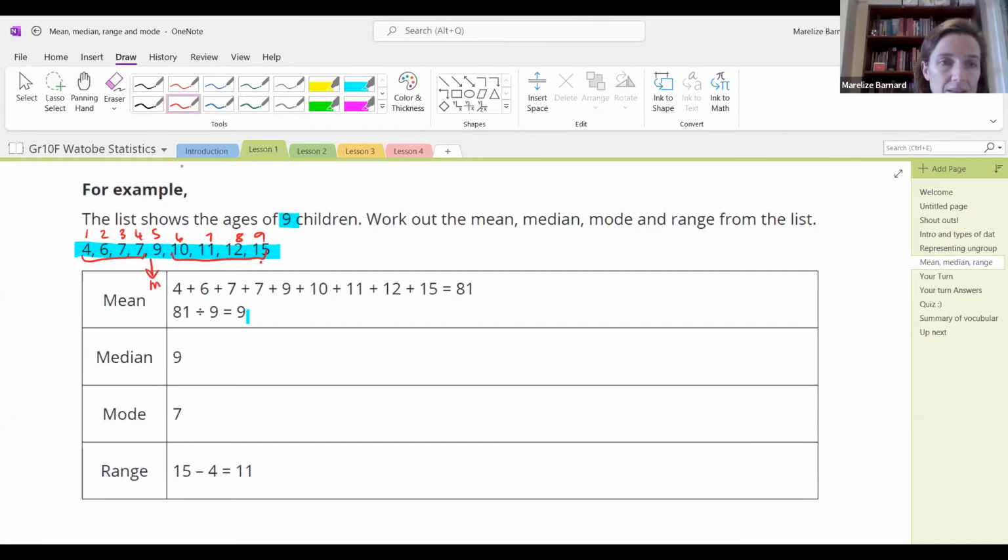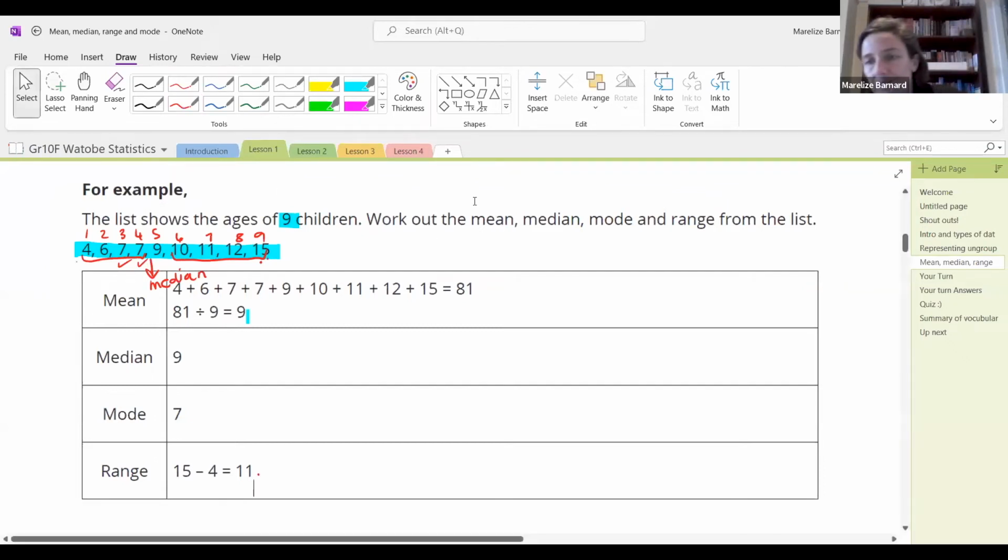So here is the median, the middle value. And then the mode is the number that occurs most. So the 7 and the 7, no other number occurs more than that. So the 7 is the mode. And then the range, we take the 15 minus the 4, and that gives me 11.